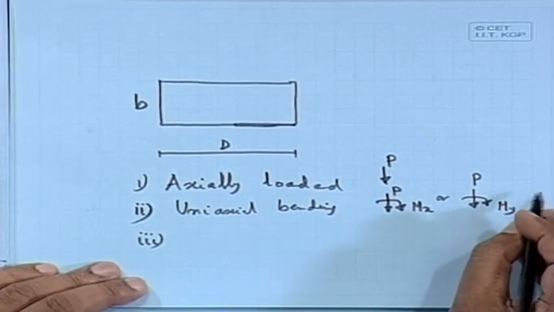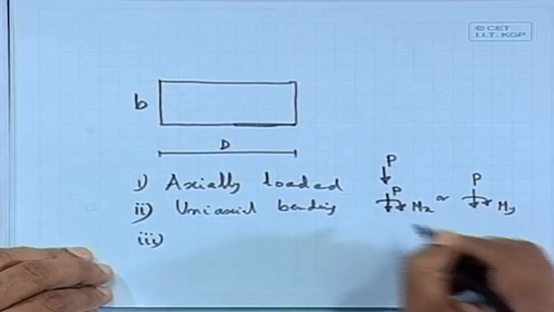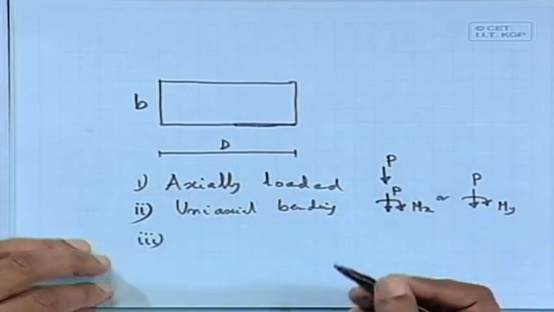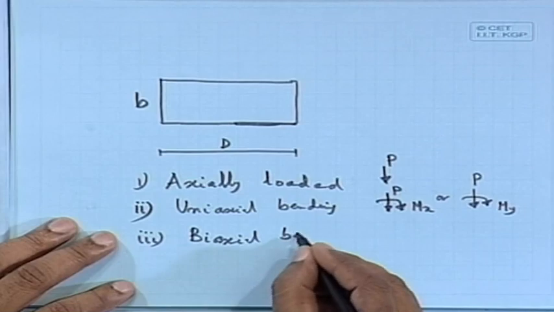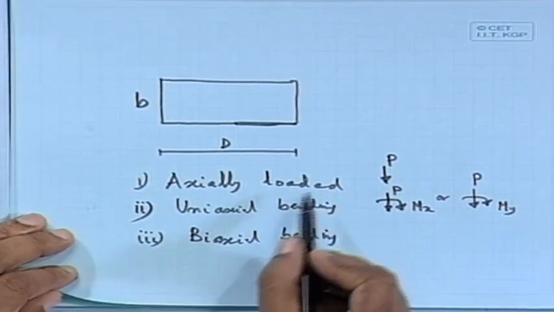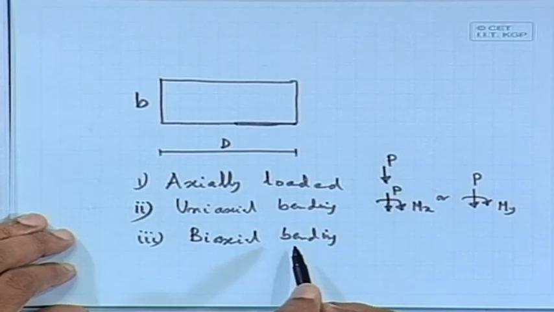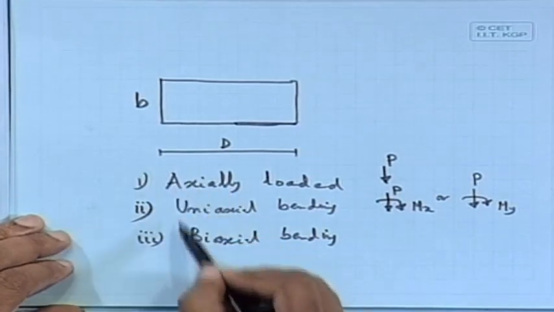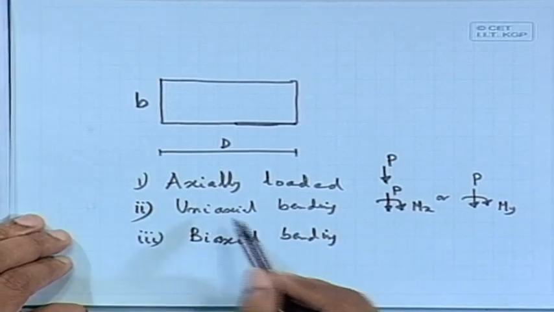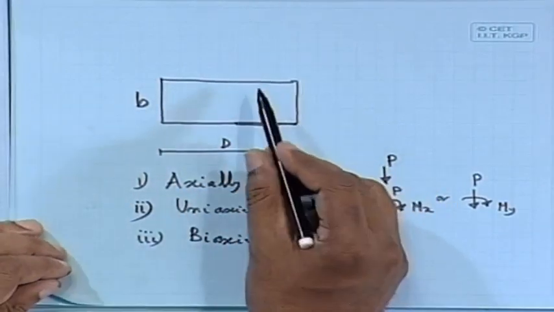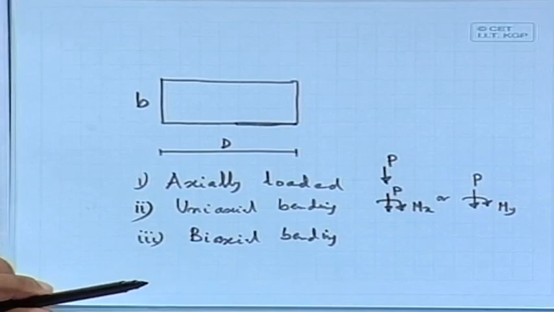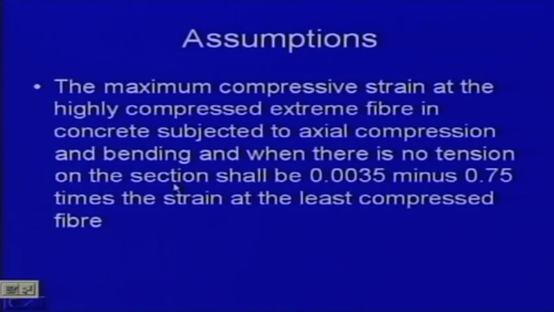So, when we are talking about x, it does not mean that it can only be about x and not about y, because if we take the other one, that side we can still take as x also. And another one, it is possible, biaxial. So, axially loaded, uniaxial bending, and we have biaxial bending. These are the three possible cases, and you have to design for all of them. That is why it is very, very important, because this particular clause, that assumption, will give us the limiting stress, and on the basis of that we have to find out. Okay? So, let us stop here, then we shall continue in detail in the next class.